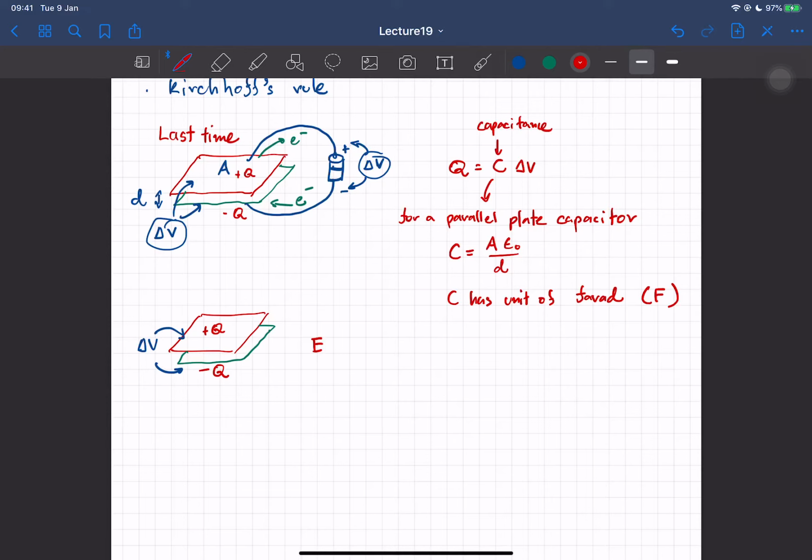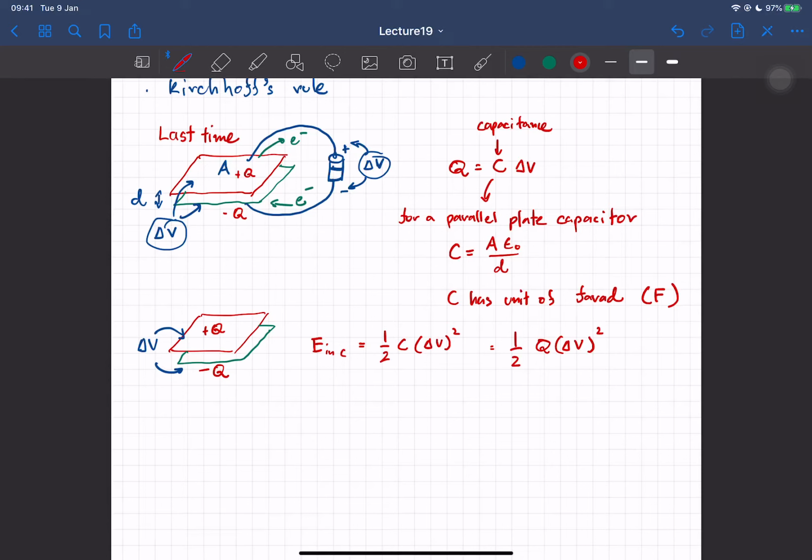The energy stored in a capacitor is given by 1/2 times C times the potential difference squared, like this.